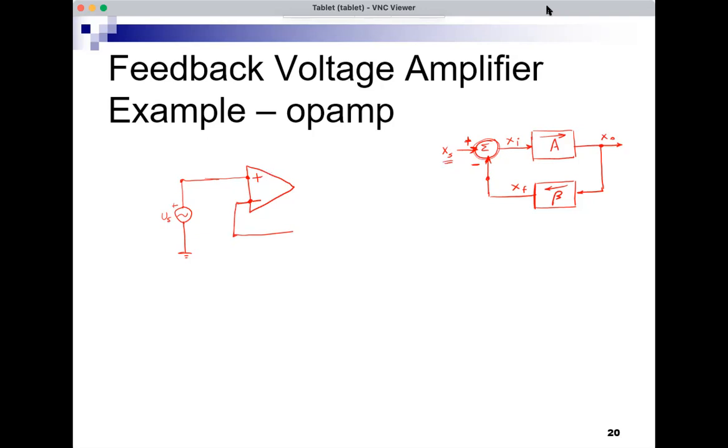So the op-amp will take care of that, will implement sigma for me internally. And we know that the op-amp has large gain, large A, and will produce an output. So also the op-amp internally is implementing the A block. So I don't need another component to implement A. The op-amp does that for me. So actually the op-amp is sigma and A together and produces an output. So that's the XO or VO in this case.